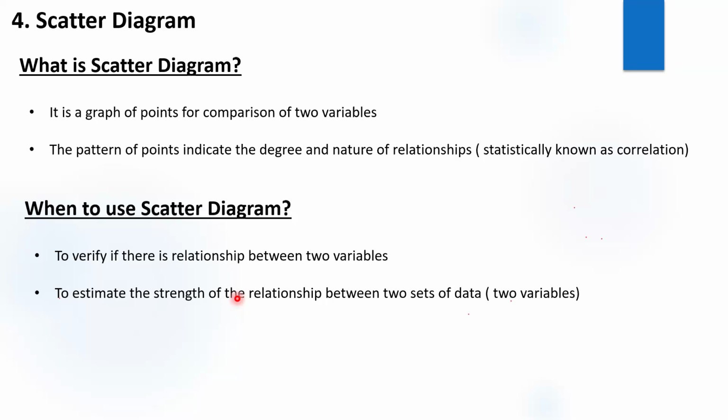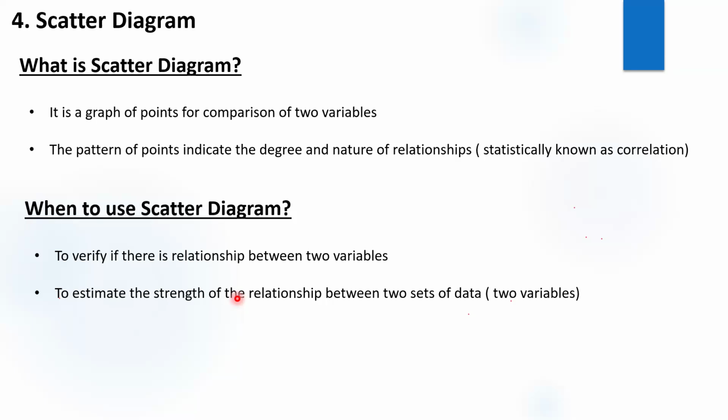So if one variable is increasing, for example, if sale of ice cream is increasing when the temperature of the city is also increasing, it is called a positive relationship, because when x is increasing, y is also increasing. That is called a positive relationship.